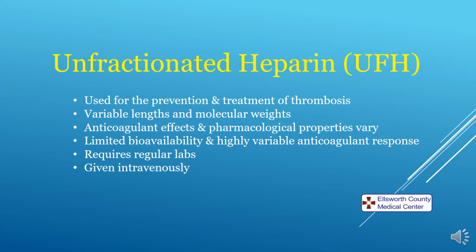Its anticoagulant effects and pharmacological properties vary with the size and weight of these molecules. Unfractionated heparin has limited bioavailability because it binds to plasma proteins, platelets, macrophages, and endothelial cells, resulting in a highly variable anticoagulant response. It requires regular labs to monitor its effects and is primarily given intravenously.